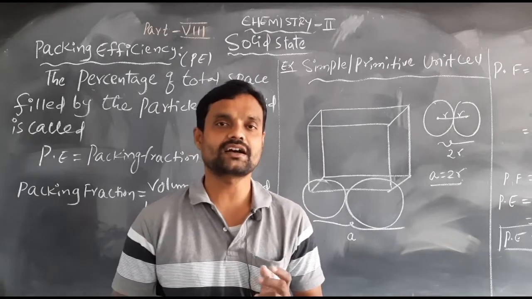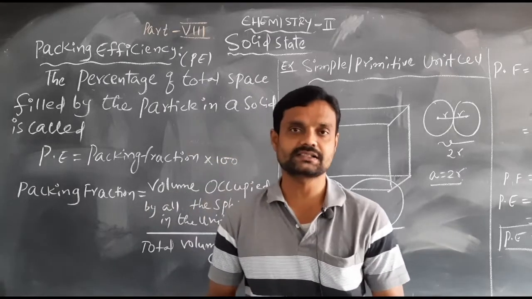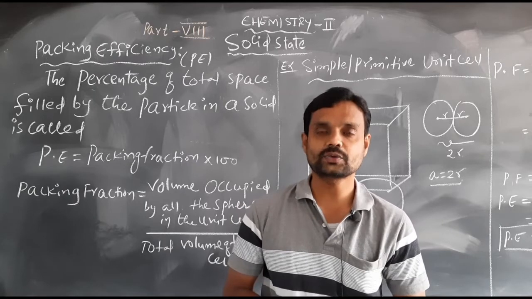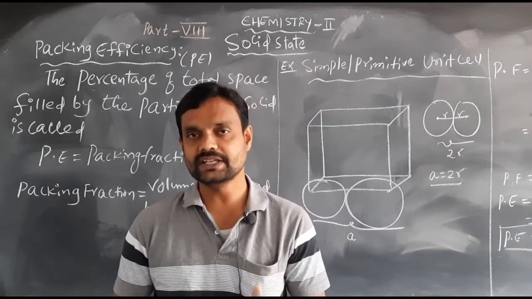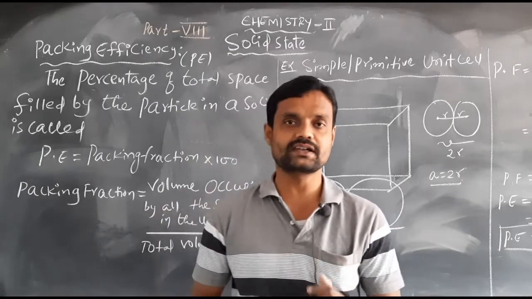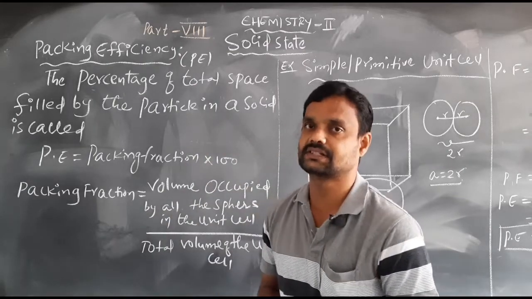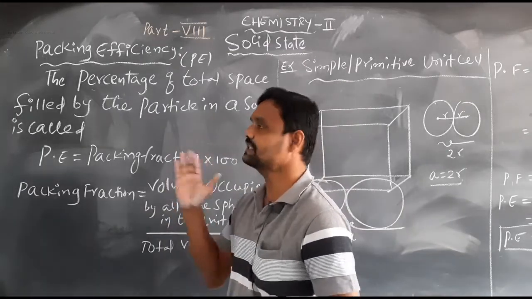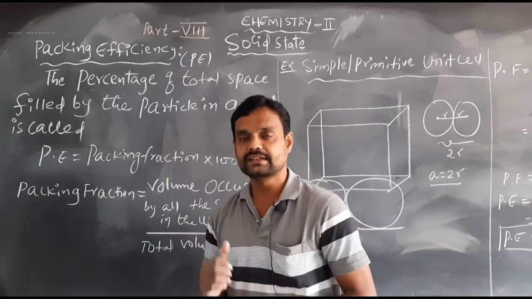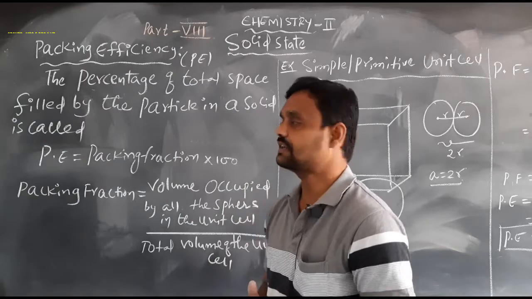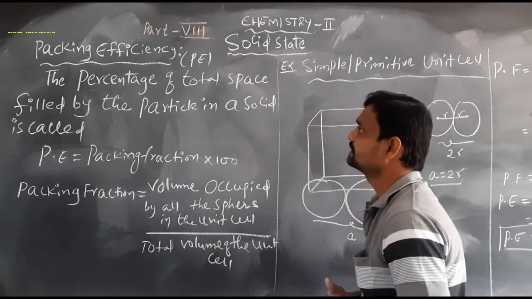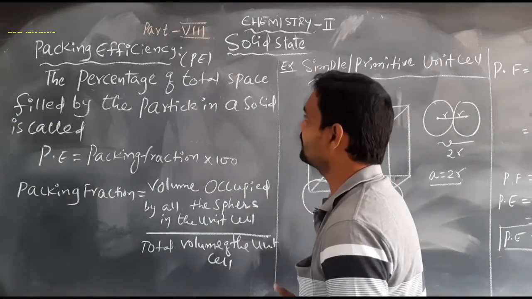Face centered means atoms occupy the corners and also the faces. So, the packing efficiency is different for the different types of unit cell. So, let us discuss the packing efficiency.